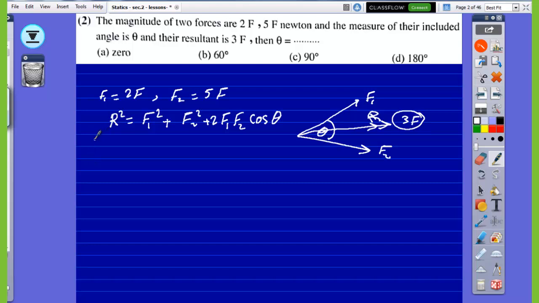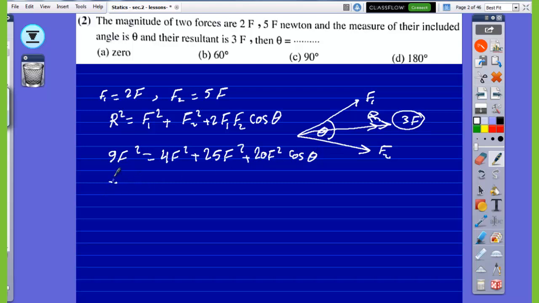We have R equals 3F, so R square equals 9F square equals F1 square, 4F square, plus 25F square plus 2 multiply 2F multiply 5F, which equals 20F square cosine theta.